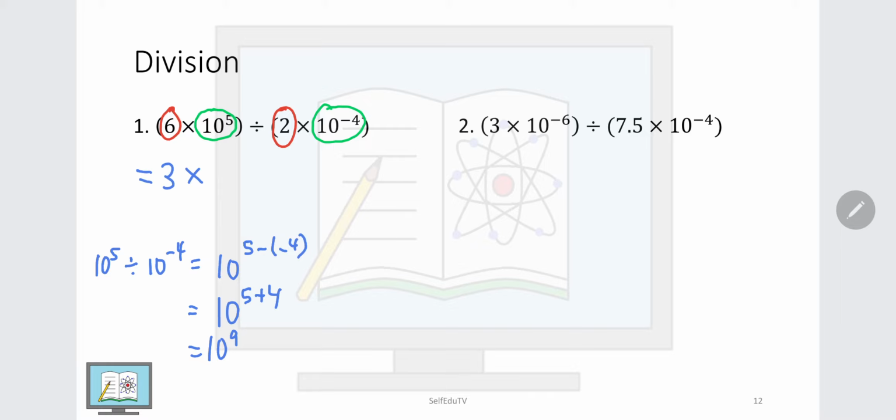So 10 to the power negative 1. That's all. Already in standard form, so you don't have to change further. You may try the second one.